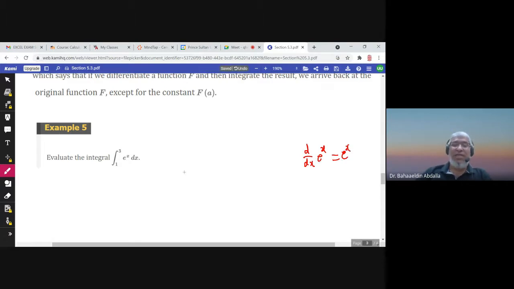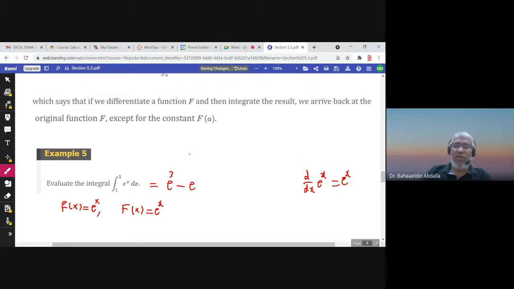So e^x is an antiderivative of e^x. So according to this theorem, small f is e^x, and capital F is also e^x. Okay, so we have e to the power 3 minus e to the power 1. That would be the answer.